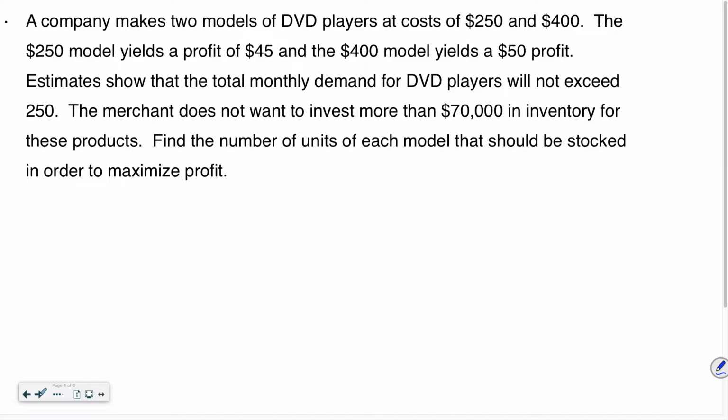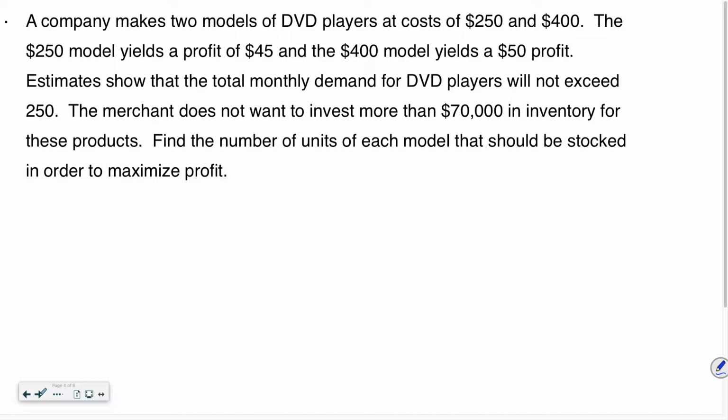What are we working with? Well, I agree we're working with money. But what are the numbers we don't know? What are the quantities we don't know? How many what? Of each DVD player.